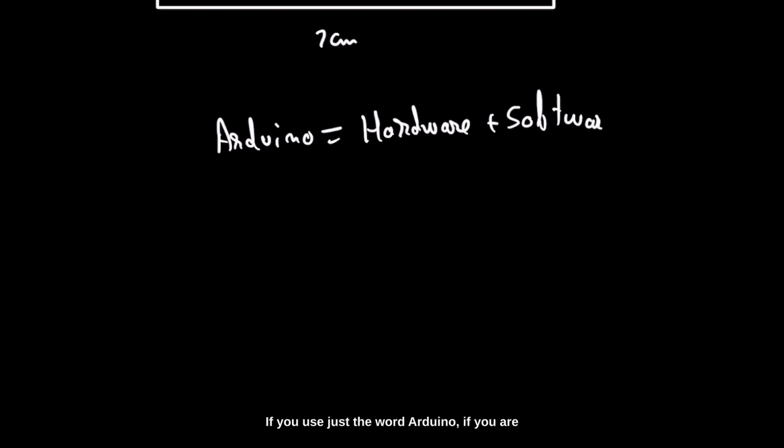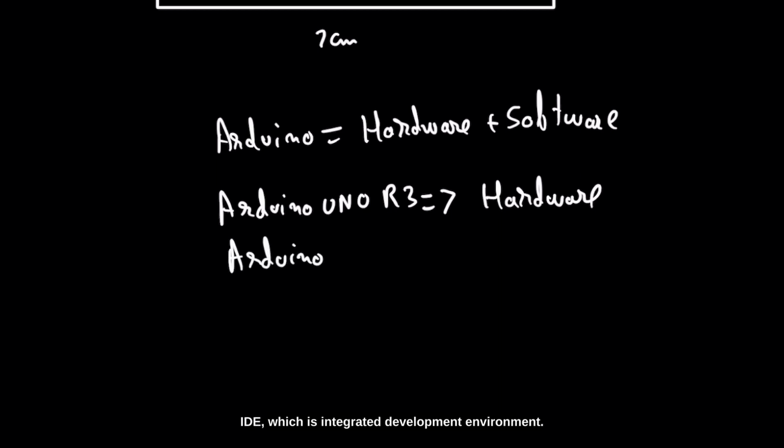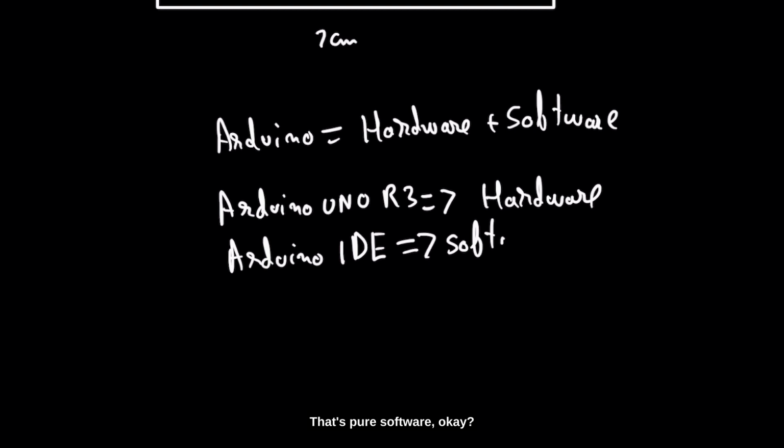If you are specifying a particular model, let's say Arduino Uno R3, that's definitely hardware. And let's say someone is saying Arduino IDE, which is integrated development environment. That's pure software. Okay. A couple of things which are very important. These are the most important ones.